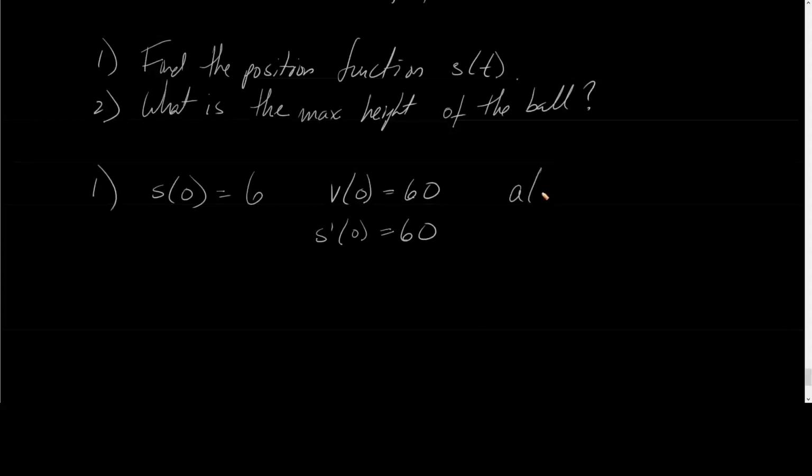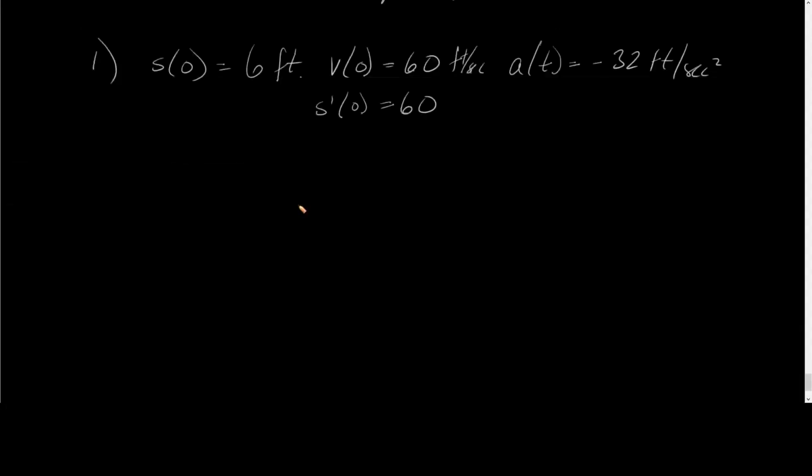We're using feet, so the acceleration is negative 32 feet per second squared. Recall that acceleration is just the derivative of velocity, and we already know that velocity is just the derivative of position.